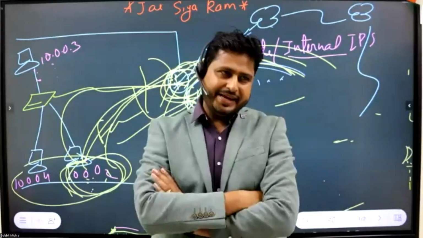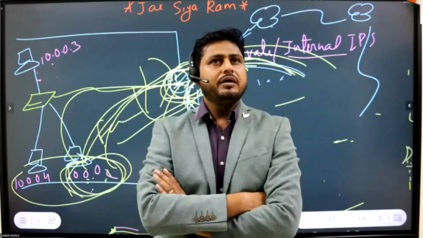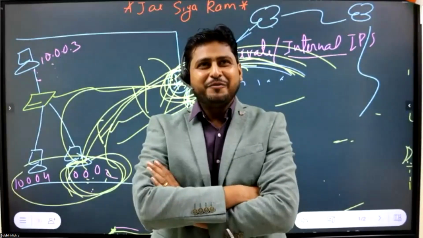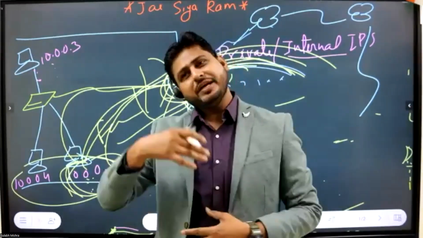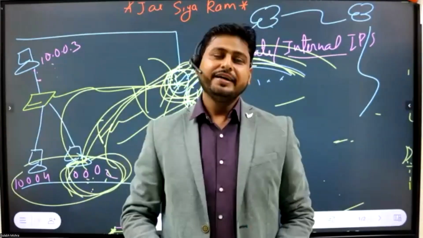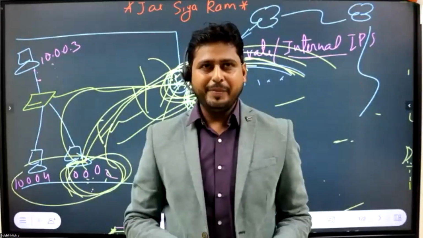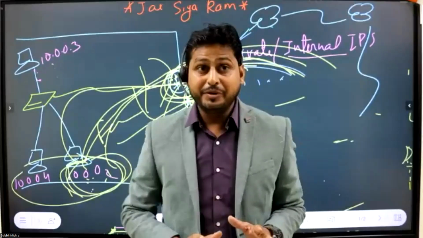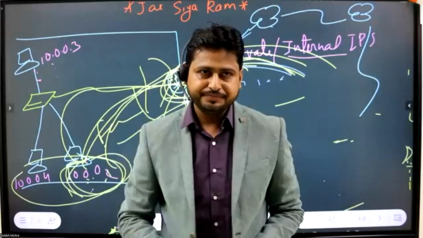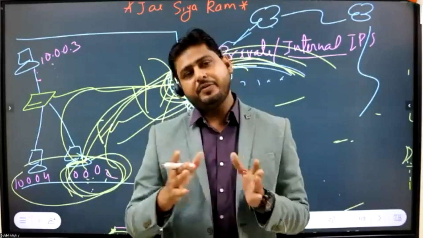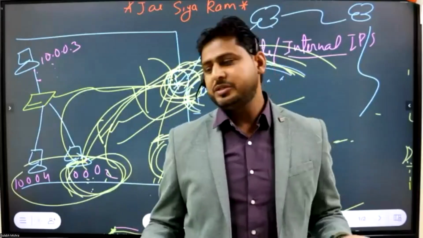I'm telling you, there should be some scenarios where it has been used, but it is possible. One IP address can be translated to another IP address, right? There should be some use case, but it is possible. You can translate one IP address with another IP address as well. Either private to private, private to public, public to private, or public to public. Keep that in mind. Specific use case. Yes.